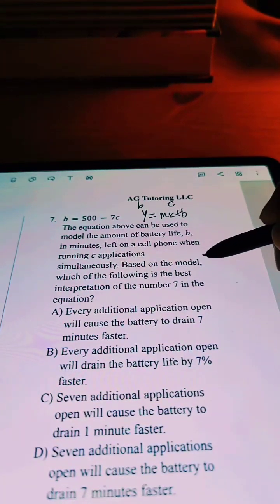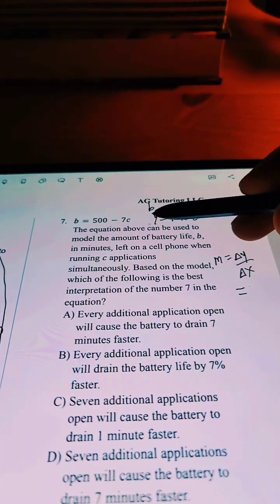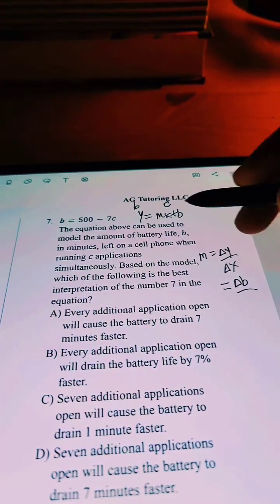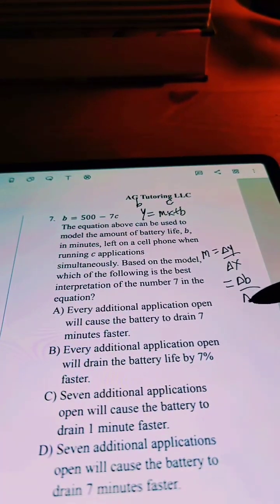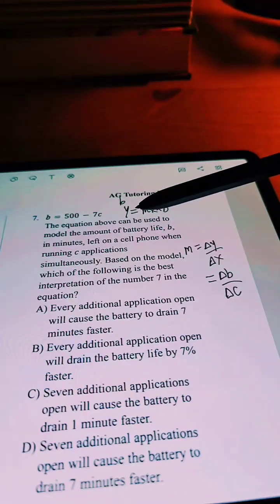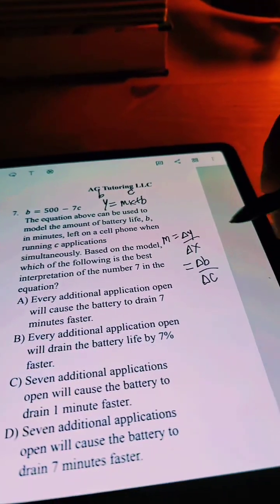What do we know about slope? Well, we know that slope is the change in y over the change in x, or in this case, if b is acting as y, it would be the change in b over, if c is acting as x, the change in c. So let's look at our units. Well, what are the units for b? So b is the amount of battery life B left in minutes on the phone.